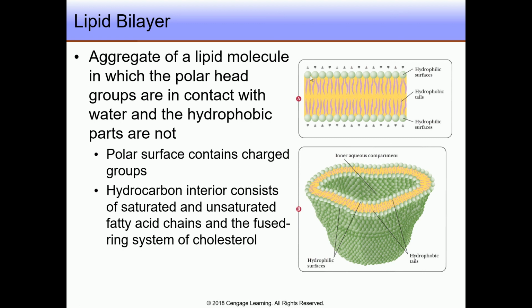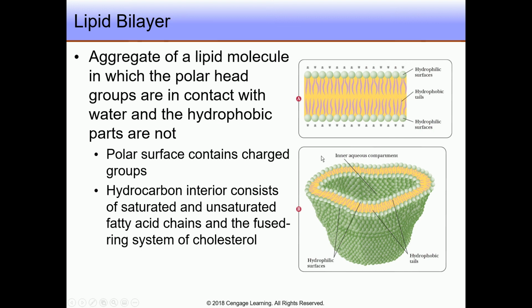So when these phospholipids form the plasma membrane, which separates the cell from its environment, and there is water on both sides, inside as well as outside, they align themselves in the form of the bilayer. This way, the non-polar tails can prevent the exposure to water, and the polar heads can face the water.